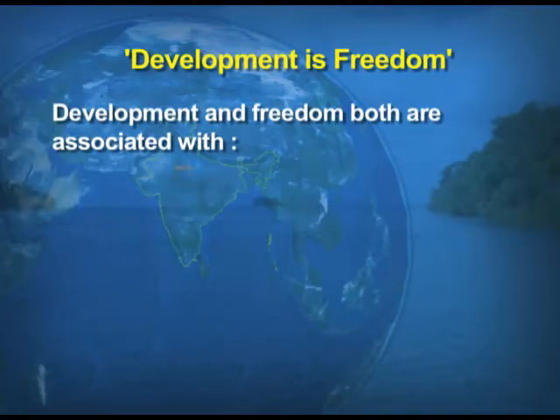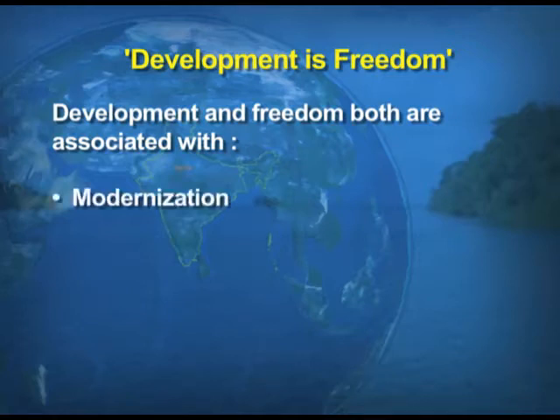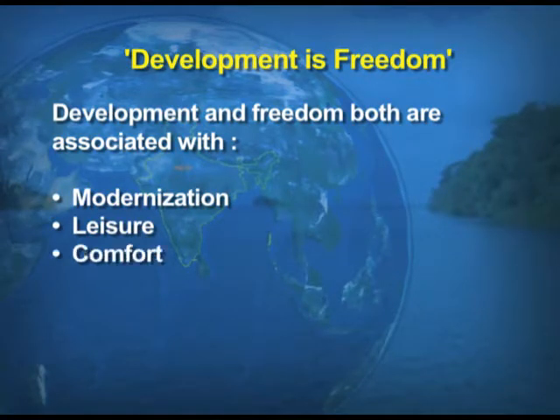We generally say that development is freedom. Now, what do we mean by this phrase, development is freedom? Development and freedom both are associated with: one, modernization; number two, leisure; number three, the comfort of the people; and number four, the affluence of the people. So, if we have all these facilities, that means we have been given the freedom.